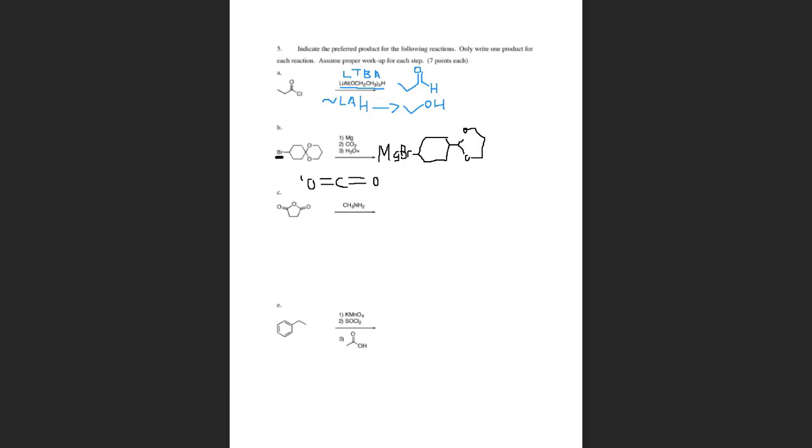So the Grignard is able to act as a nucleophile to attack this carbon, and move this up here, so that you eventually get O minus.